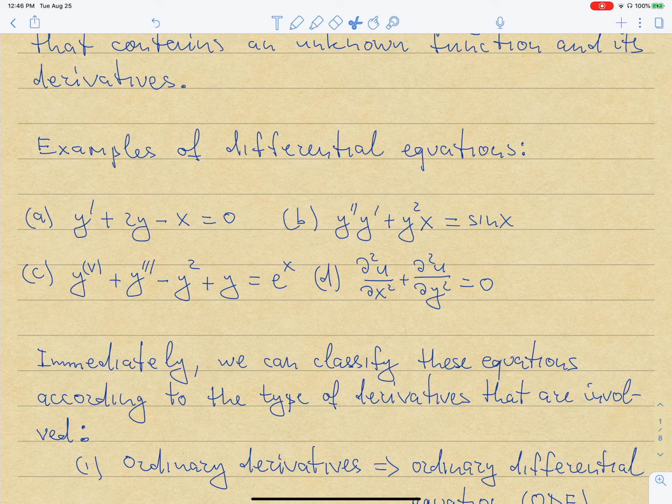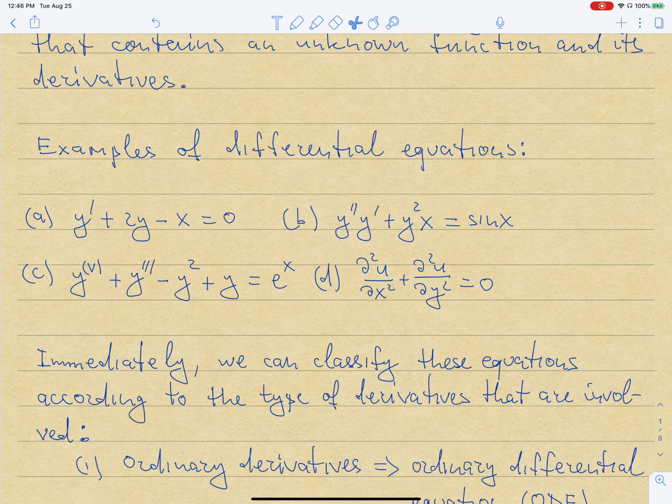In order to solve an equation similar to B, to get rid of y double prime, I'll have to integrate twice. And each of these integrations will produce an unknown constant. So integrating the ODE B should give me two unknown constants.